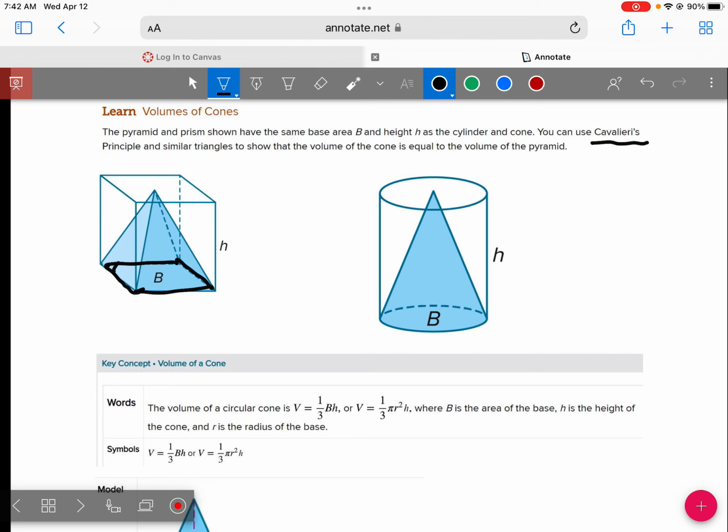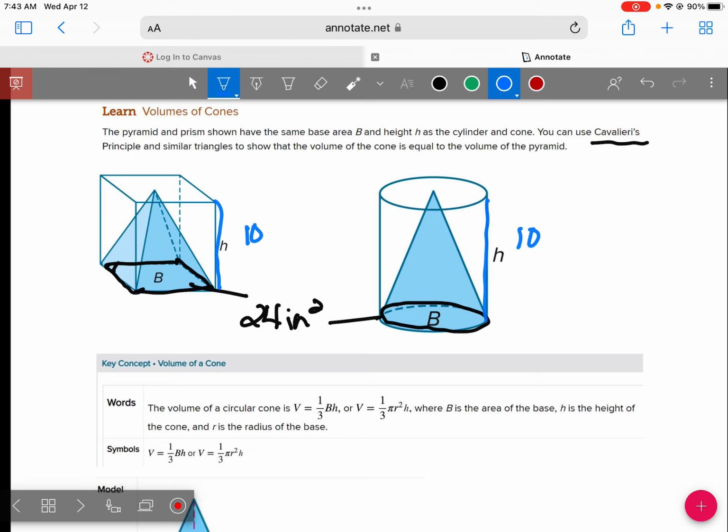So they're saying if this has a base, let's say, 24 inches squared, and this base is 24 inches squared, and they both have the same height, let's say 10, then they're going to have the same volume.